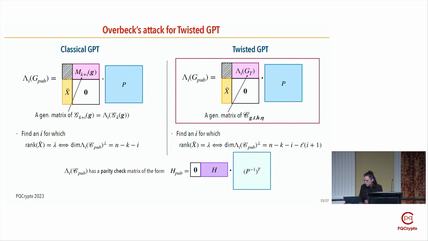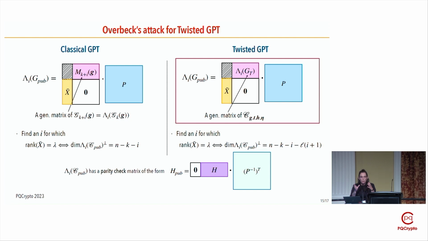And we prove that we can apply Overbeck's attack exactly in the same way as for the classical GPT system, because we observe that the Q-sum operator applied to the public key splits into 2 matrices, where the matrix in yellow has a rank which is bounded by k.